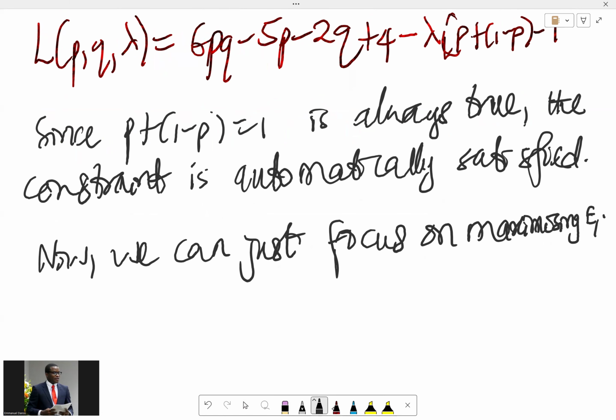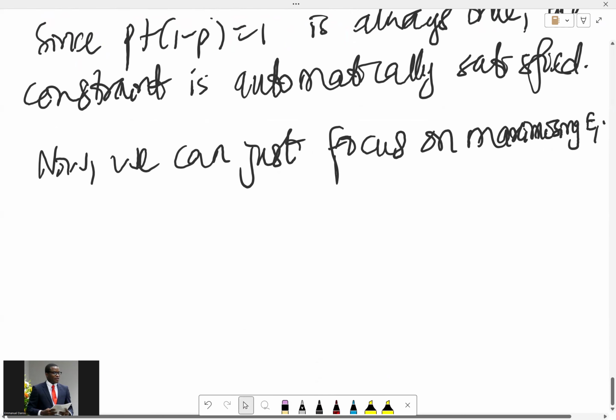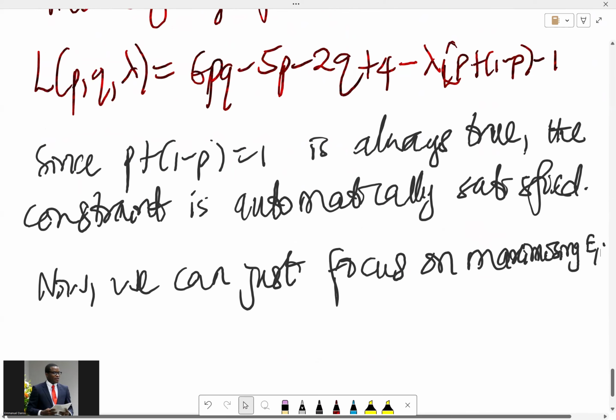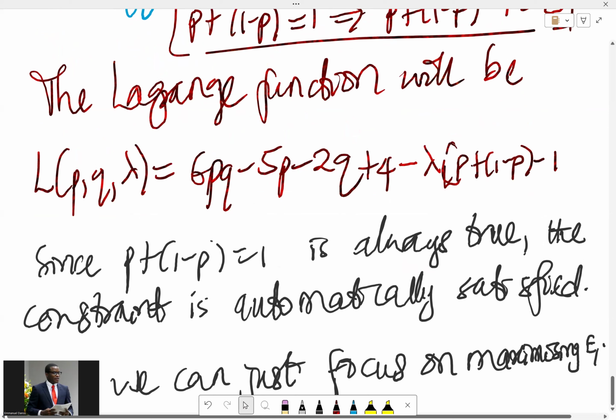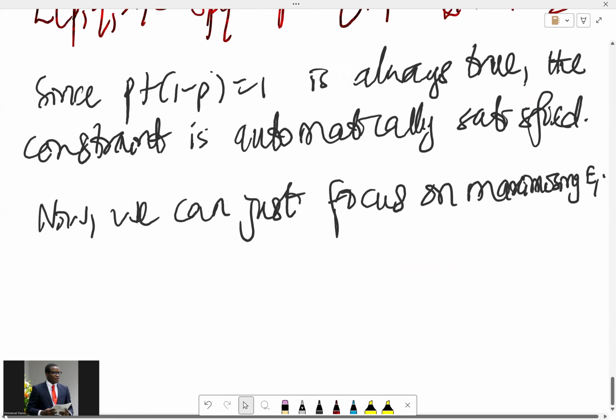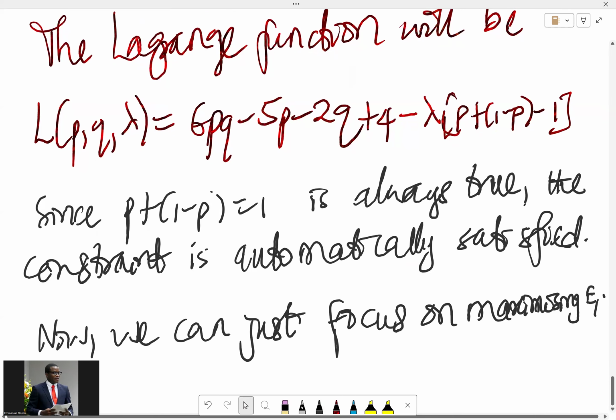So we need to maximize E1, and the two variables are P and Q, so we can take partial derivatives of the Lagrangian.